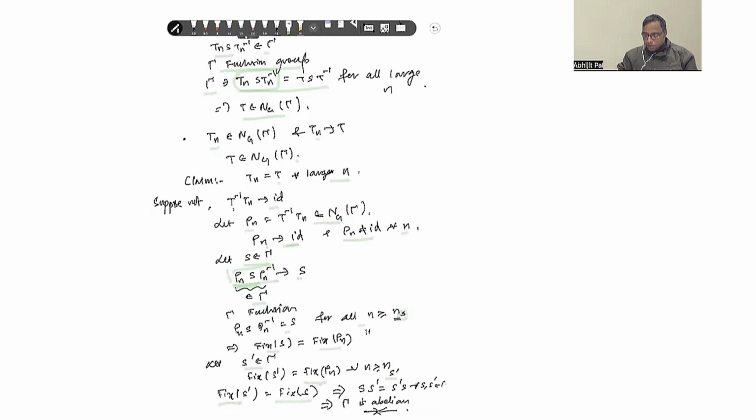Again, by the theorem we have done in the last class, S and S prime will commute with each other. And this is true for all S and S prime belonging to gamma. We have taken S to be an arbitrary element and S prime again to be an arbitrary element, and we have proved that they commute with each other. So this proves that gamma is abelian.